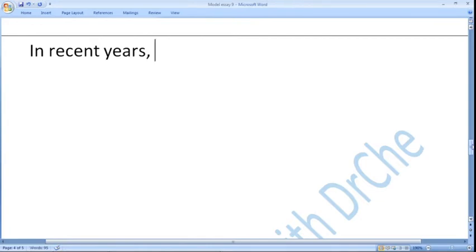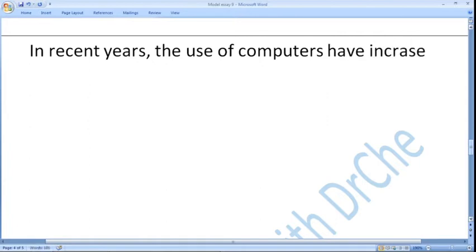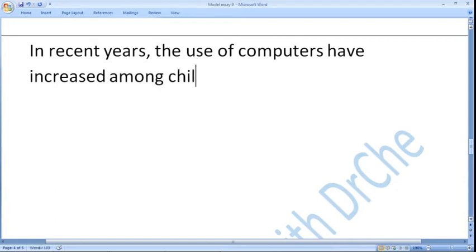In recent years, the use of computers has increased among children.